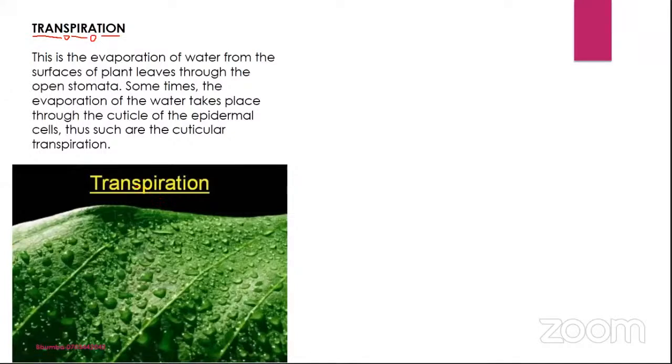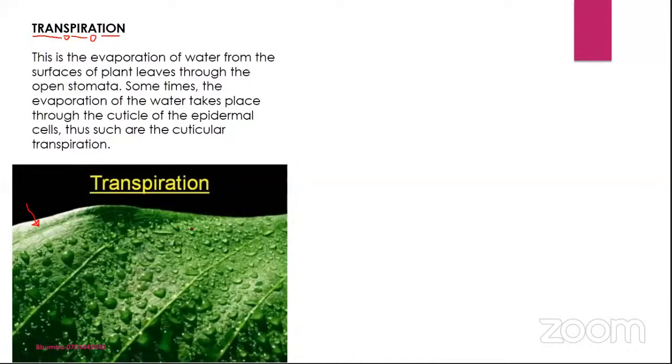So transpiration is all about evaporation of water from the surfaces of the plants, especially the leaves. And you can see this is a picture of a leaf. It's not like it is sweating, much as you are looking at it as sweat, but this is just water vapor that has just left the leaf surface, which we are calling transpiration, into the atmosphere.